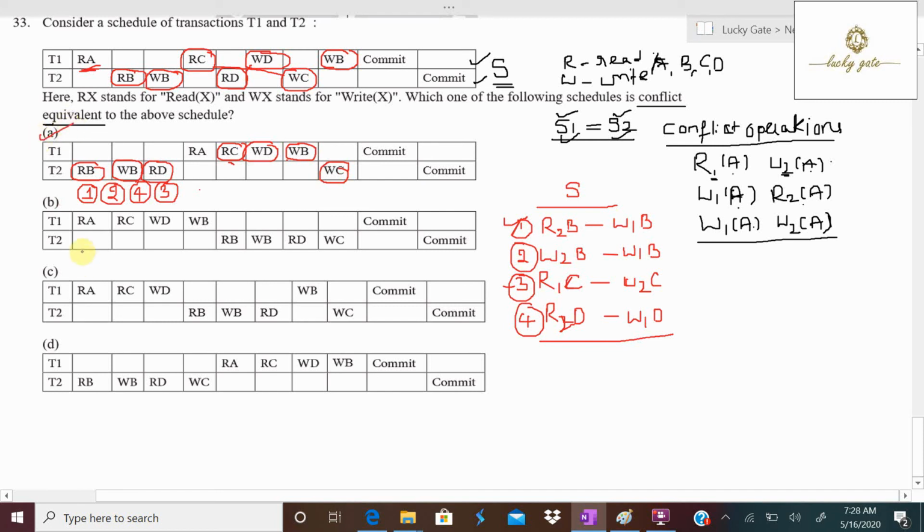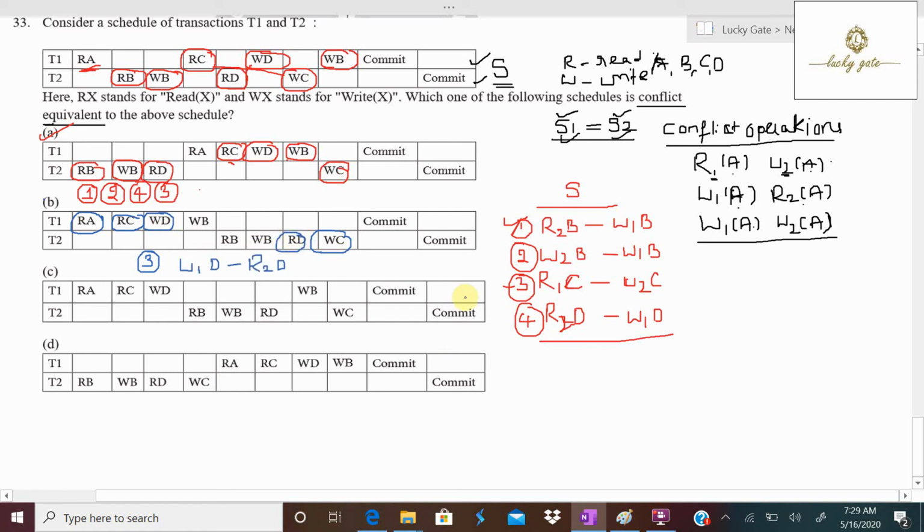We also check why option B is wrong, C is wrong, D is wrong. Check why option B is wrong. In option B, read A does not have any conflict. Read C has a conflict with write C, meaning read 1C and write 2C. That is conflict 3 in option B. And we have one more conflict, write 1D conflicting with read 2D.